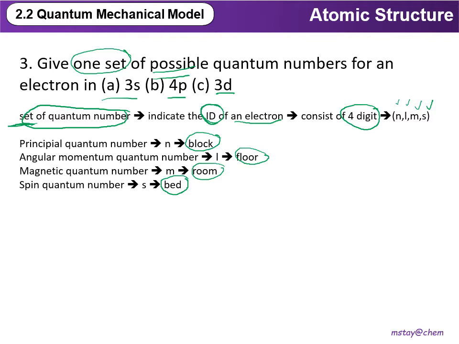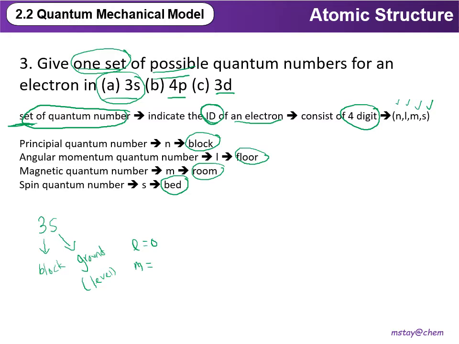Okay, so why do we have one set here? Let's look at this one, 3s. For 3s, we know that the electron stays at the third block, and on the ground floor, because l equals 0. Because it is at the ground floor, where l equals 0, the possible m value is 0.